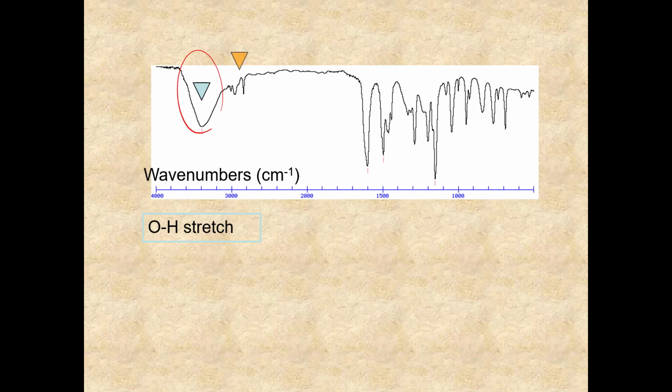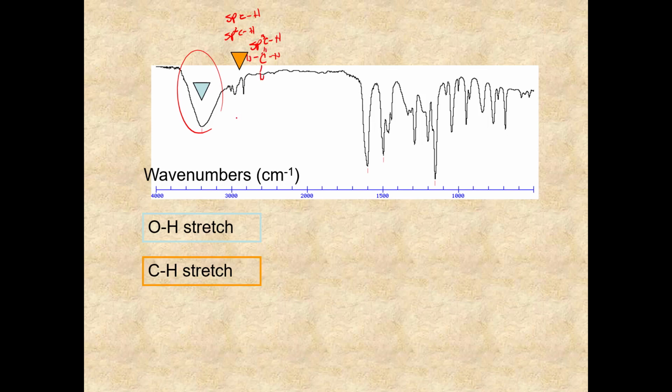Then we have the region where the carbon-hydrogen stretches are. These can be sp2 carbon hydrogens, sp3 carbon hydrogens, and sp carbon hydrogens. So what does that mean? That means a carbon that is sp3 hybridized, like in a tetrahedron, is going to give a certain signal.